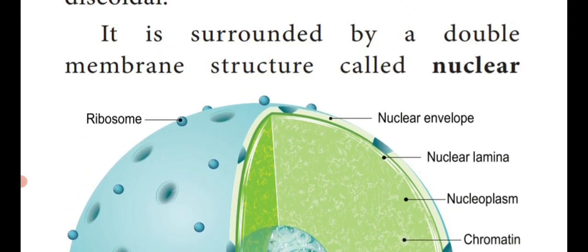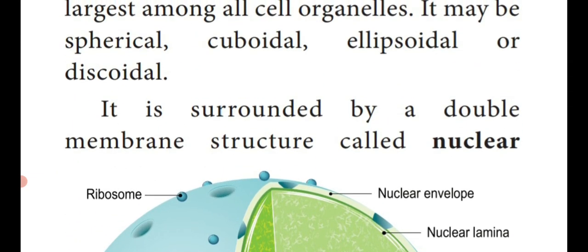The nuclear envelope or membrane is divided into two, outer and inner. The outer membrane is not uniformly arranged.